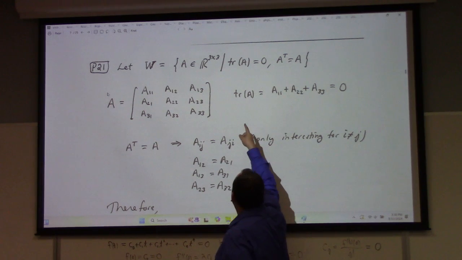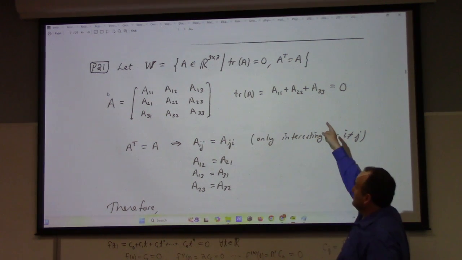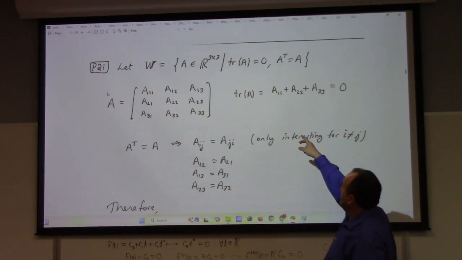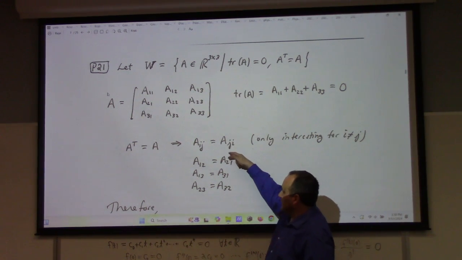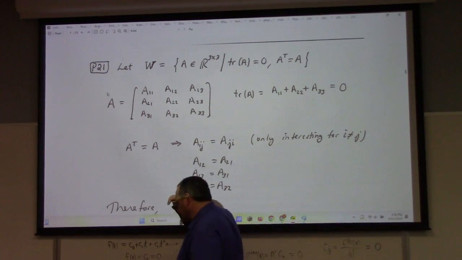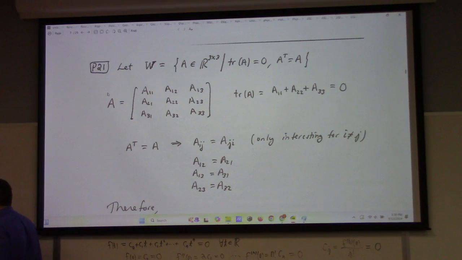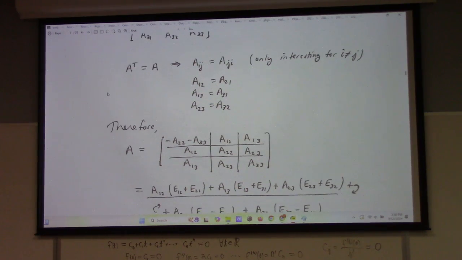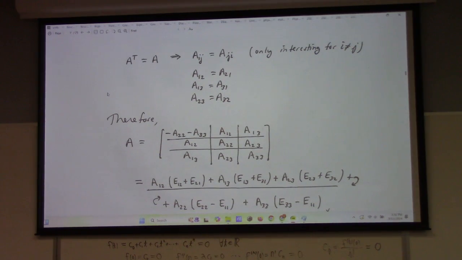So if I use the conditions here, the traceless and symmetric, then that gives me that the sum of the diagonals is 0, and then the off diagonals are matching, right? So that reduces, and admittedly here, there's a little bit of an art.